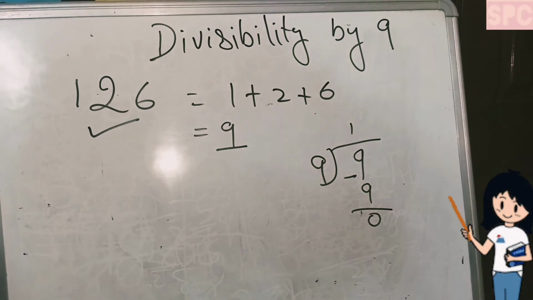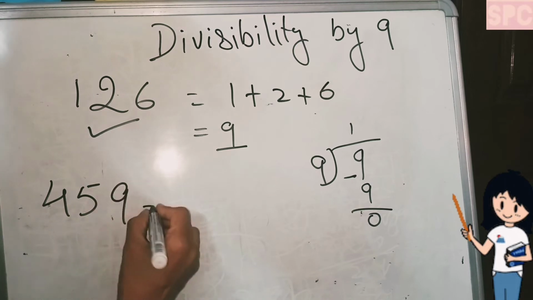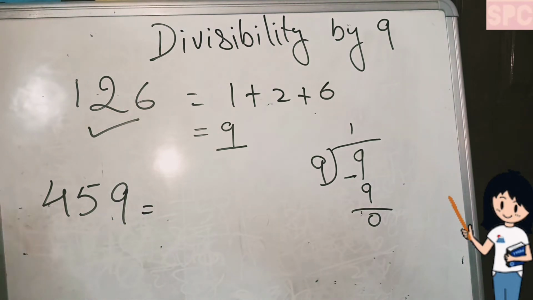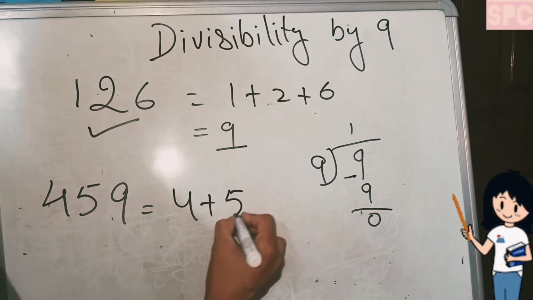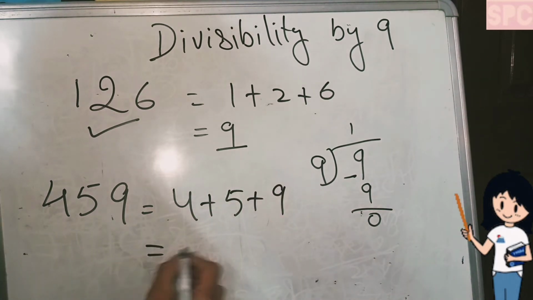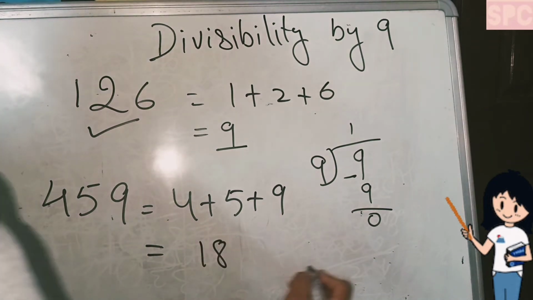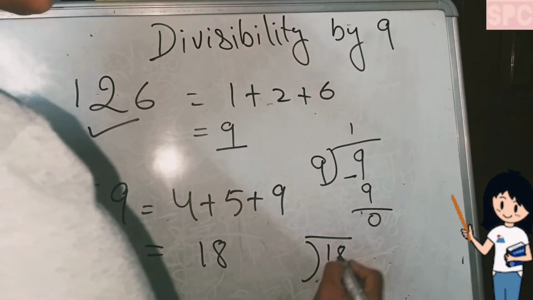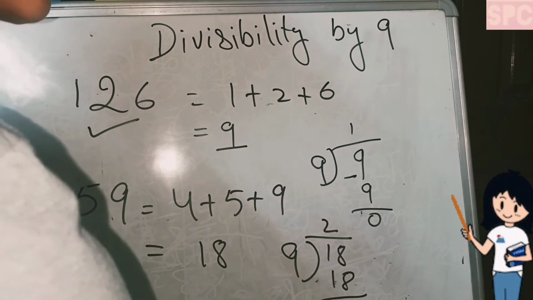Let's take one more example. 459. Let's add all the digits and find out the sum. 4 plus 5 plus 9: 4 plus 5, 9. 9 plus 9, 18. Now 9 twos are 18.